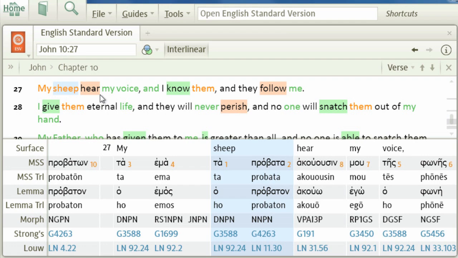And so what we have here is actually the individuality of the subject, which is sheep. So the point here is this, that the sheep individually hear the voice of the shepherd, and they follow the shepherd. This is a comfort to believers who wonder if they've ever heard the voice of God, or how do they know they're following him?